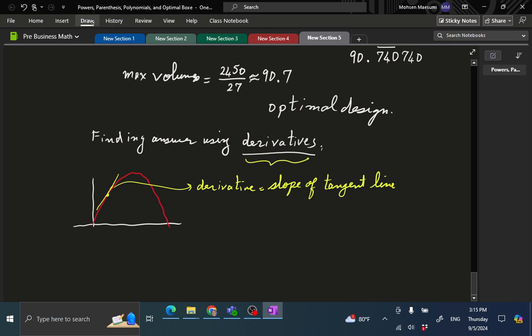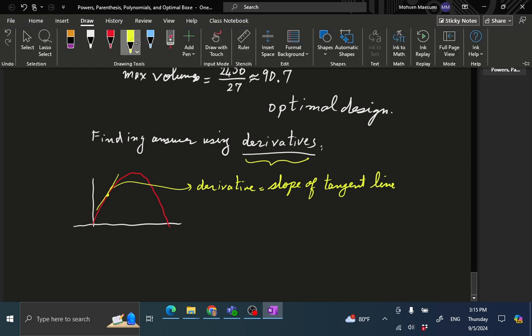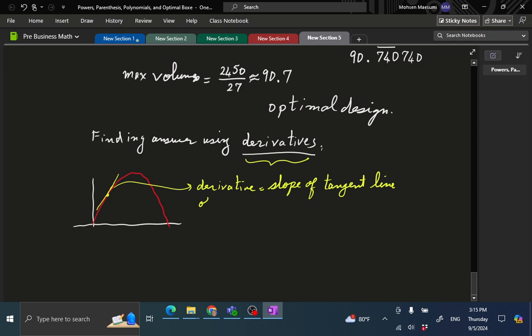So, the derivative of a function. Suppose this is my point x, some point I am at. The derivative of a function at x is the slope of the tangent line to the graph of the function at that same point.